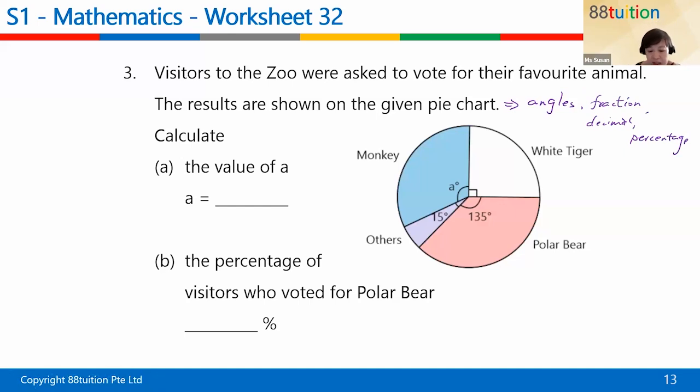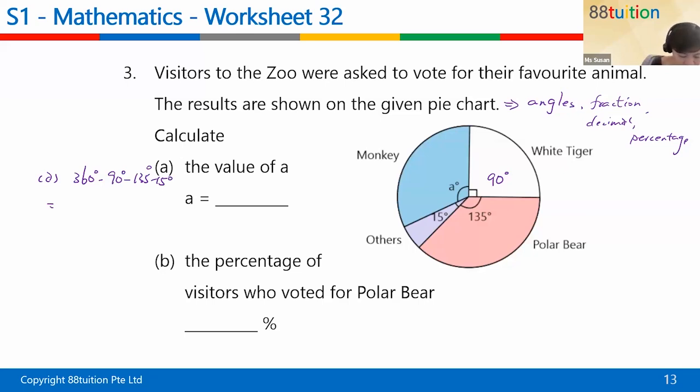So the visitors were asked to vote, and they have all this here. Always fill in whatever you know there. Okay, and they wanted the value of A. So for the value of A, you need to use 360 minus away 90, 135, and 15. So you should get down to, I think, 120.